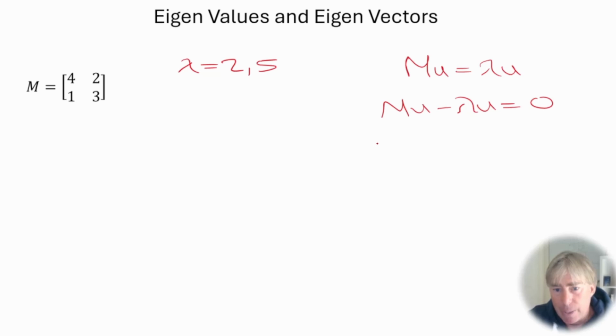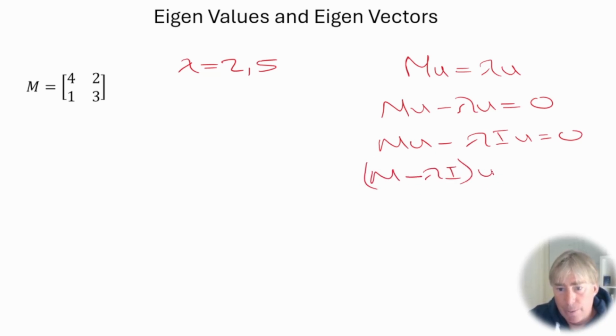And then we're going to say that Mu minus lambda Iu equals 0 as before. Now I'm going to take out a factor of u, so M minus lambda I multiplied by u equals 0. Okay, so we're looking to create a matrix which is M minus lambda I in each case.